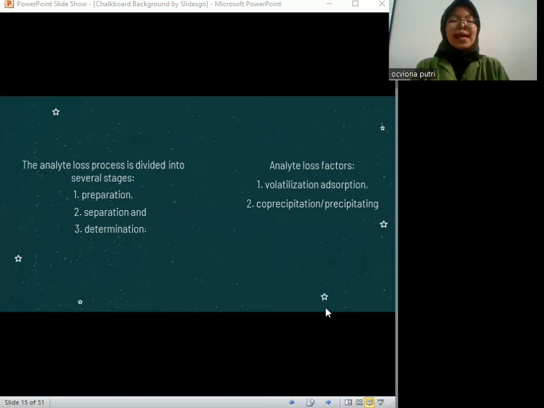So, the analysis loss control process is divided into several stages. The first is preparation, the second is separation, and the third is determination. Analysis loss spectrometry is for utilization, absorption, and co-precipitation or precipitating.